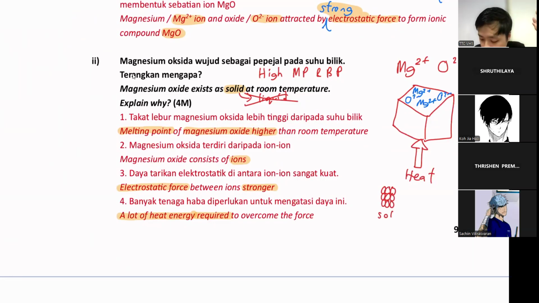When you want it to become liquid, you have to heat the solid. These solid particles have to absorb a lot of heat energy, then only they can split and be distance apart, become liquid. Becoming distance apart, we call it overcome the force, the electrostatic attraction.